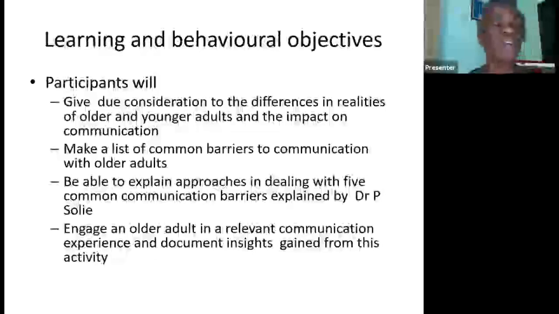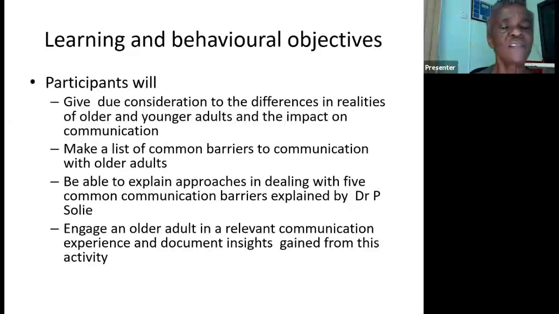So the objectives for today's session are listed here, learning and behavioral objectives. I am expecting that you will give consideration to the differences in realities between older persons and those of us who care for them or younger adults, and how this impacts our communication. So the realities are going to be different from either end.